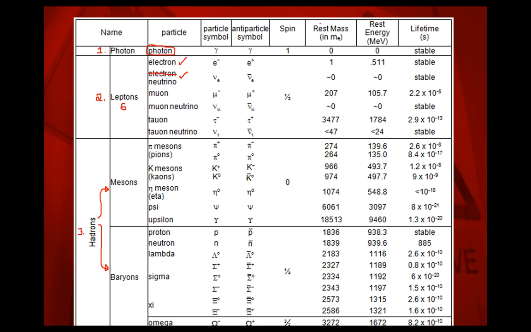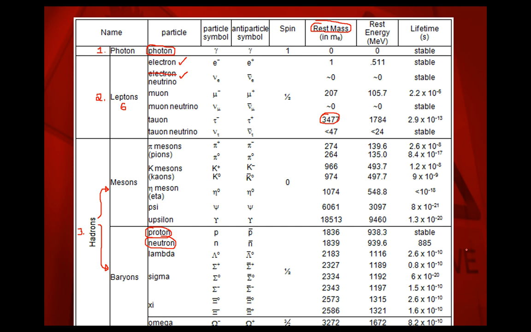Just to point out the actual rest masses: if you look at the rest masses of your hadrons in comparison to your leptons, they in general have much larger masses, with the exception of the tauon, whatever that particle actually is. Oh wait, there's a proton and a neutron, right here. So that's my 3 families.